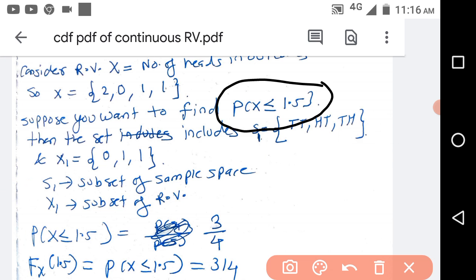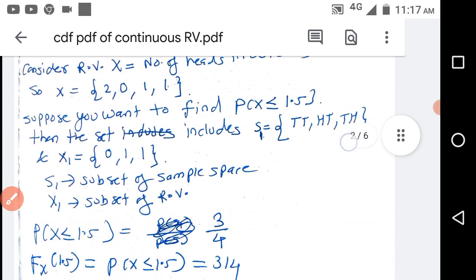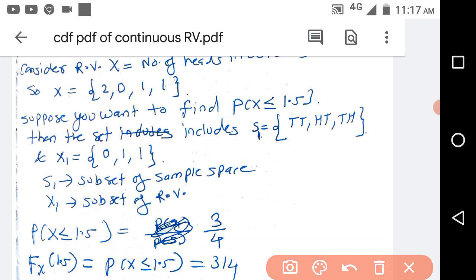What does this subset include? The subset includes all the outcomes whose random variable values are less than or equal to 1.5. The outcomes are TT, whose random variable value is 0, HT, whose value is 1, and TH, whose value is again 1. So this is the subset related to your desired outcome, which is X less than or equal to 1.5.